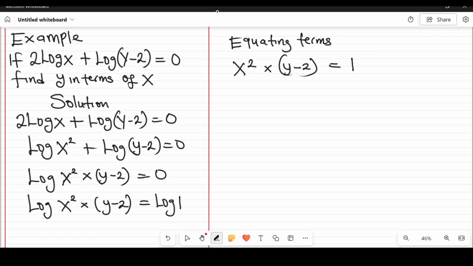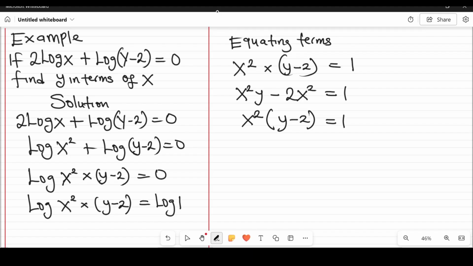So from here, we can expand the bracket where we have x squared times y minus 2x squared equal to 1. From here, we can see that our x squared can be factorized. So we have x squared bracket y minus 2 equal to 1. So from this expression, we can make y the subject.